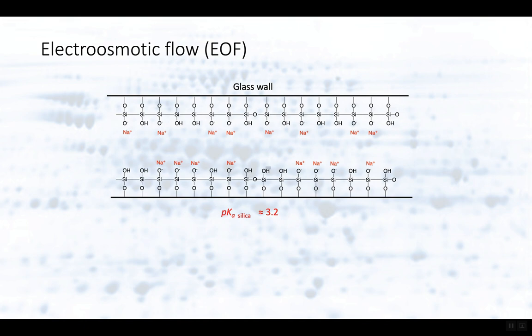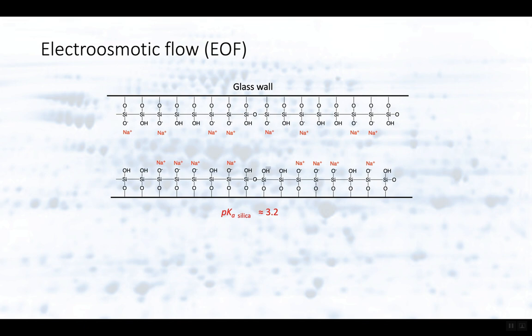And because of electroneutrality, that attracts ions from the solution to the wall. So we get a layer of sodium ions against the wall. In this case, I've shown it as sodium ions. It could be any positively charged ion. And that introduces some issues in electrophoresis where things that are charged can sometimes be attracted to the walls, and that can actually add a chromatography component to the solution.